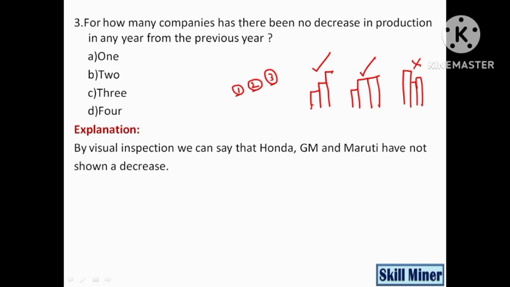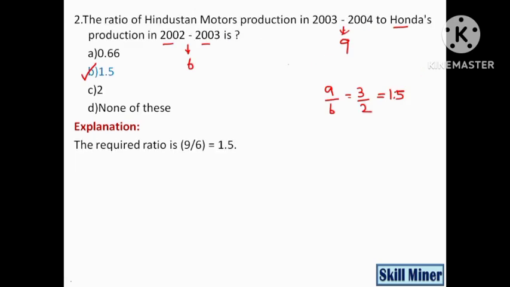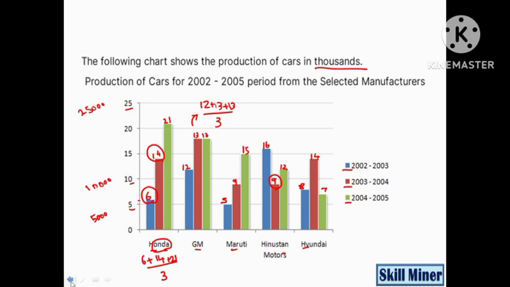The question says, how many companies have had no decrease in production when compared to the previous year? So we can analyze that from the graph. Check for Honda.